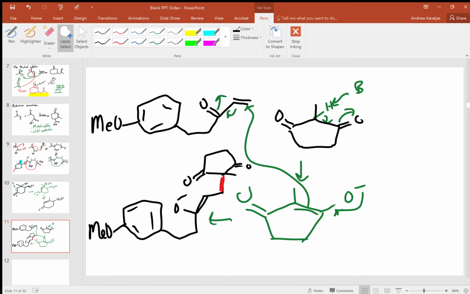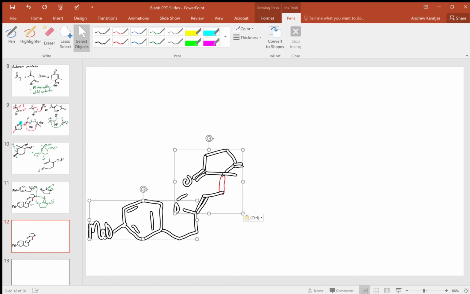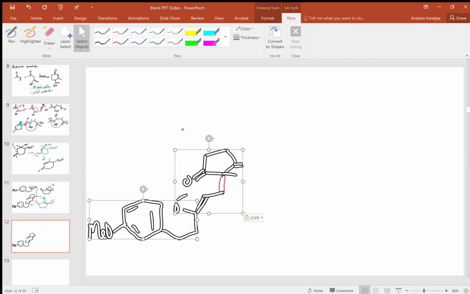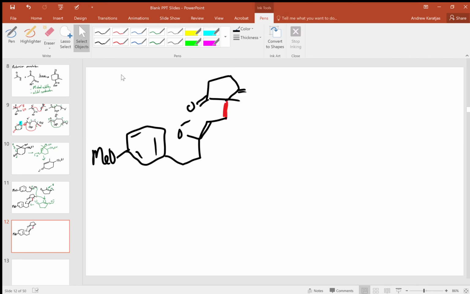We're going to see the exact same thing occur here. So we just get an equilibrium shift over here.